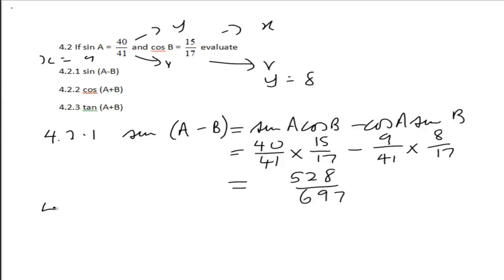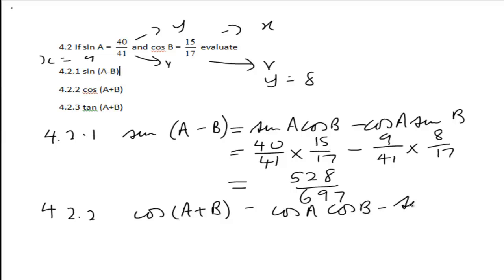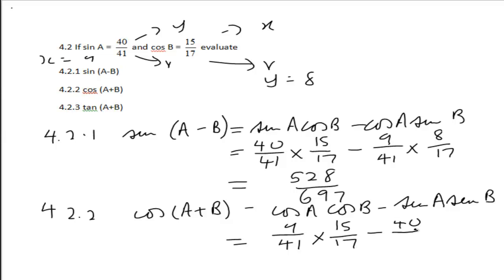And then 4.2.2 is cos of a plus b, and that is cos a cos b minus sine a sine b. Now cos a is x over r, 9 over 41, and cos b is 15 over 17, minus sine a is 40 over 41, and sine b is 8 over 17.